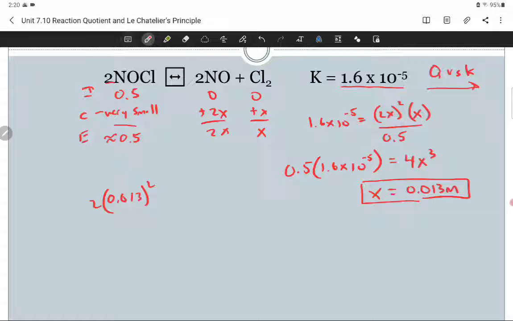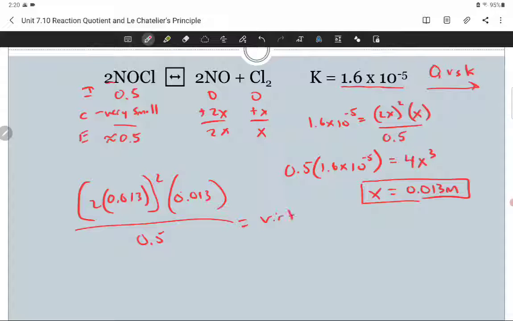Whoops, the whole thing is squared. 0.013, and then on the bottom, 0.5. And when you do that math, there will be a little bit of a rounding change, but you get virtually the same K as the 1.6 times 10 to the negative fifth. So we can make that change.